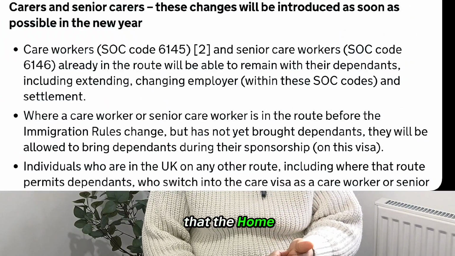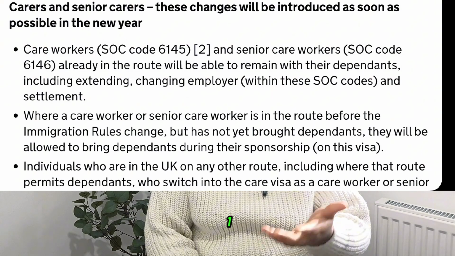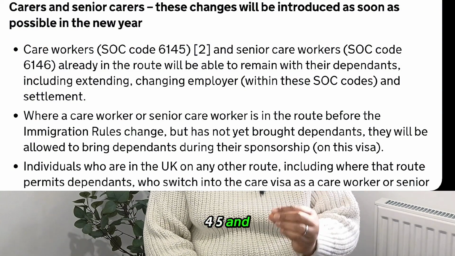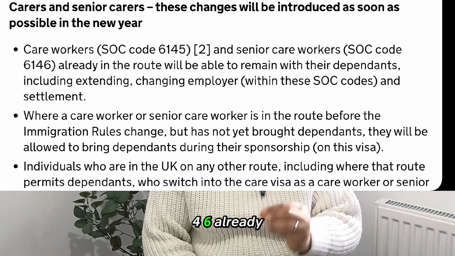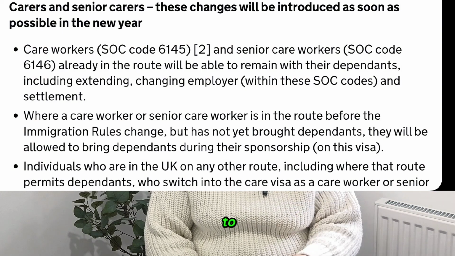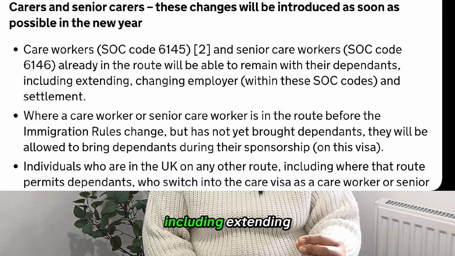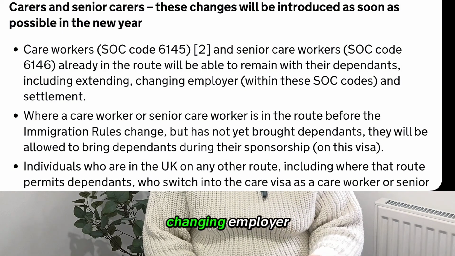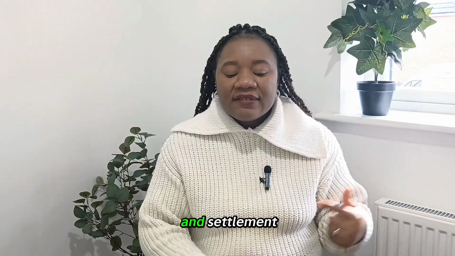The first thing that the Home Office has said is that care workers, SOC code 6145, and senior care workers, SOC code 6146, already in the route will be able to remain with their dependents, including extending, changing employer within these SOC codes, and settlement.